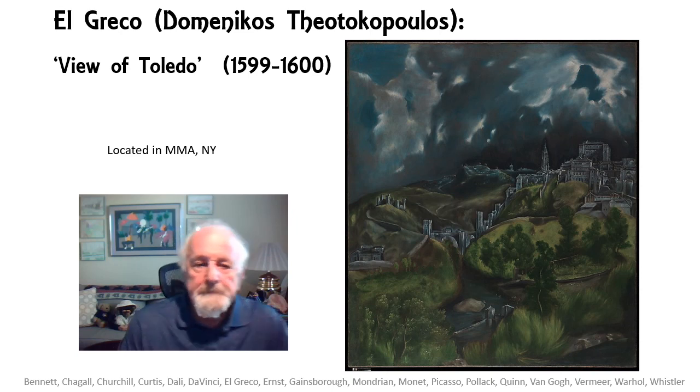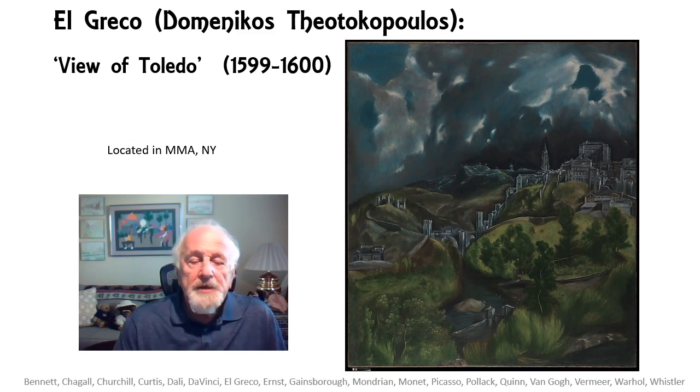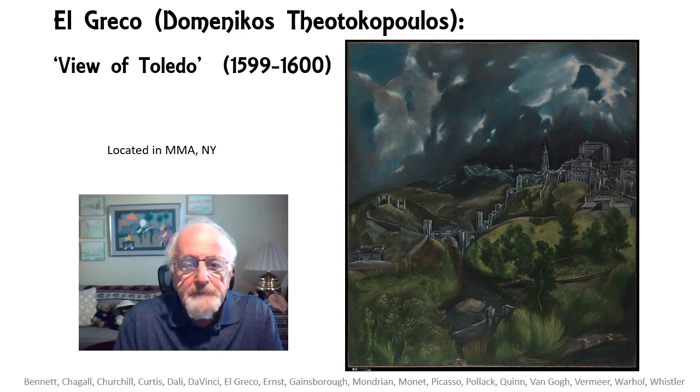This painting, A View of Toledo, was done by Domenikos Theotokopoulos, El Greco, a Greek who became famous for his paintings in the country of Spain. It was painted in around 1600. In this, El Greco's greatest surviving landscape, he portrays the city he lived in and worked in for most of his life.